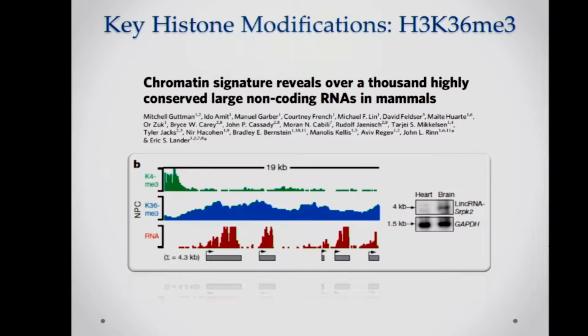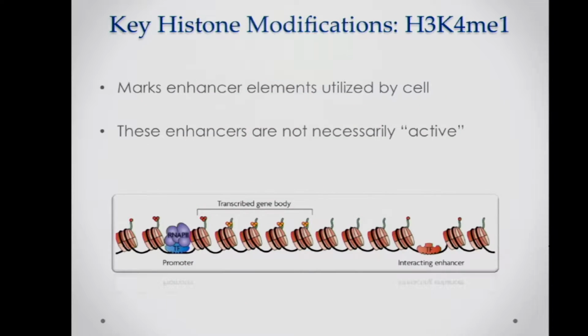And when they went back and did RNA-seq, they could confirm that these regions were being transcribed. They were able to find thousands of previously unannotated long non-coding RNAs using this process. So again, quite informative about genome annotation.